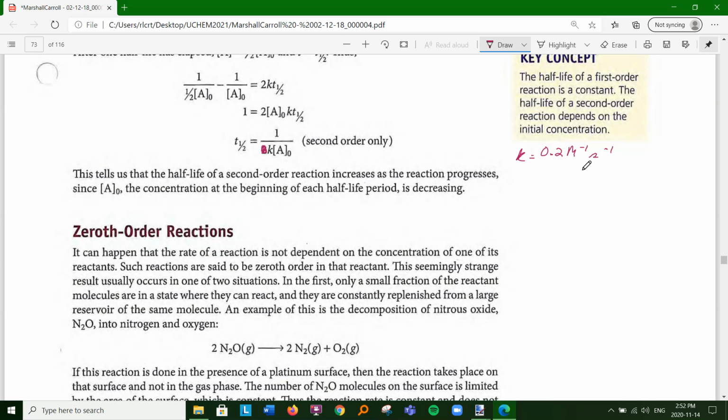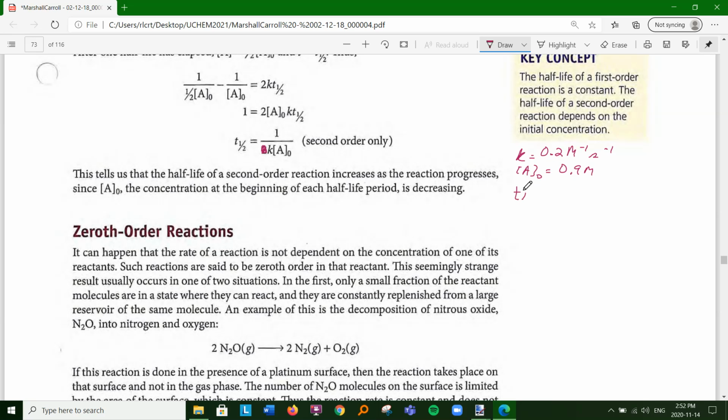No, sorry. It's liters per mole per second, right? Moles per liter to the -1, seconds to the -1. So that's K. And let's say my A naught was 0.9 molar.